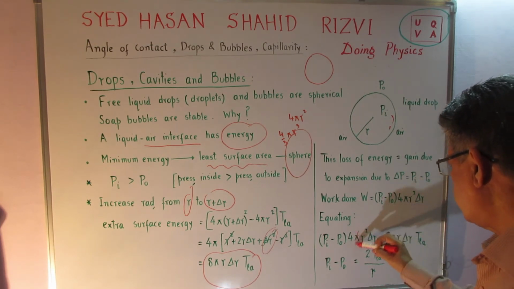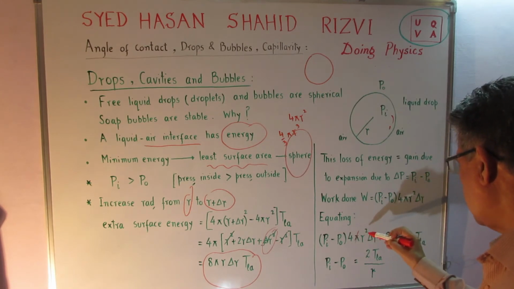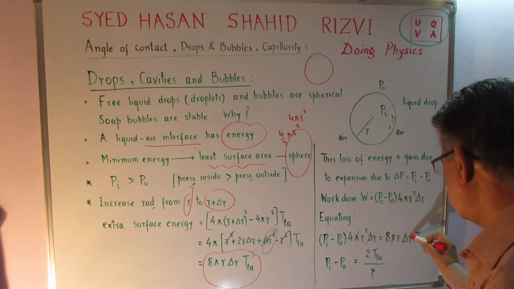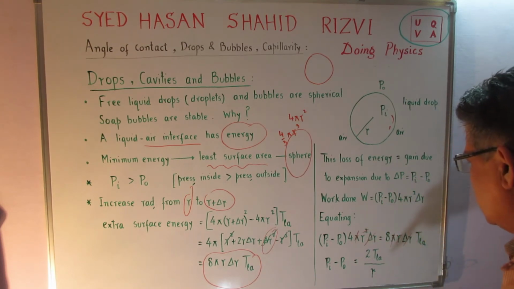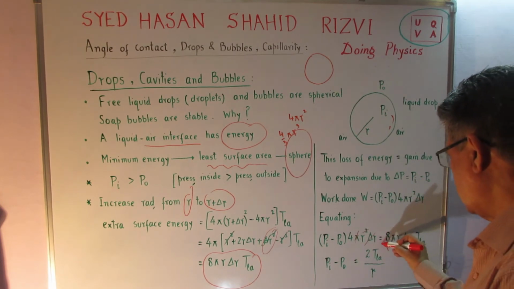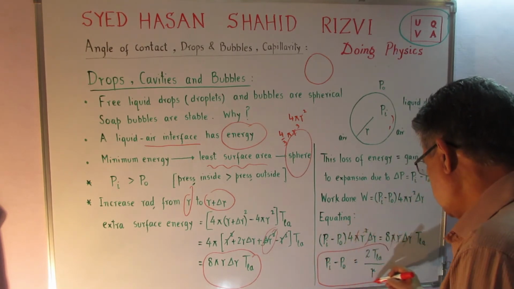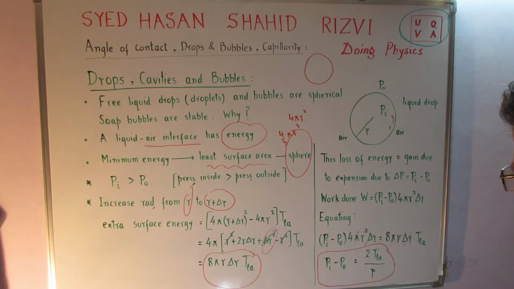So pi and pi cancel, delta r cancels with delta r, and one r cancels with this r, and 4 and 8 we divide, you get 2, and the final result that we obtain is Pi minus Po is equal to 2 TLA upon R.